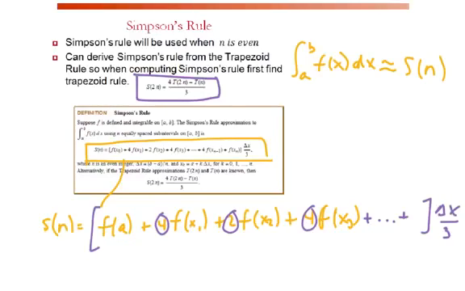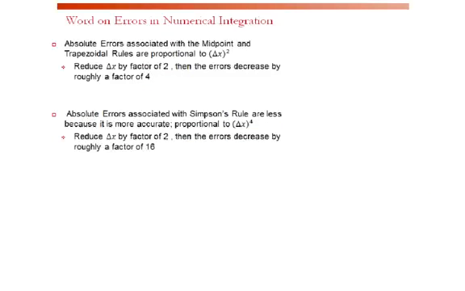And the last thing for this video that I'd like to touch on is some relationships for errors in numerical integration. For the midpoint and the trapezoid rule, if you reduce delta x by a factor of 2, the errors are going to decrease by a factor of 4. So what that's really saying is that they're proportional to delta x squared.